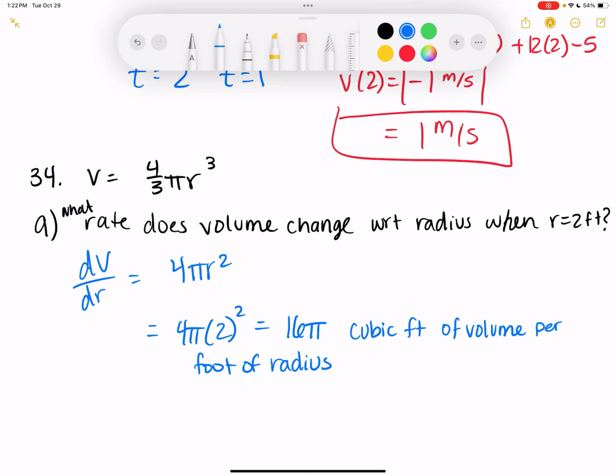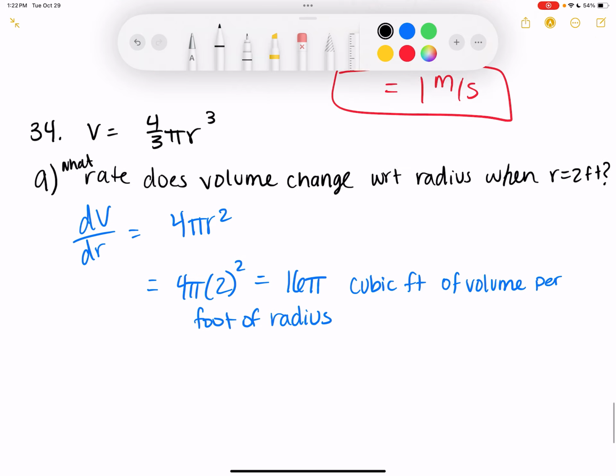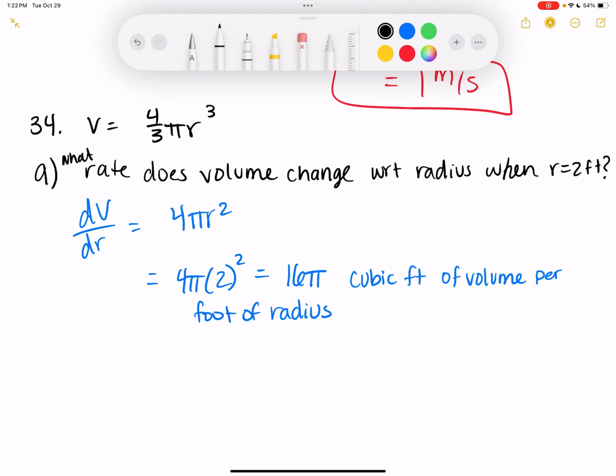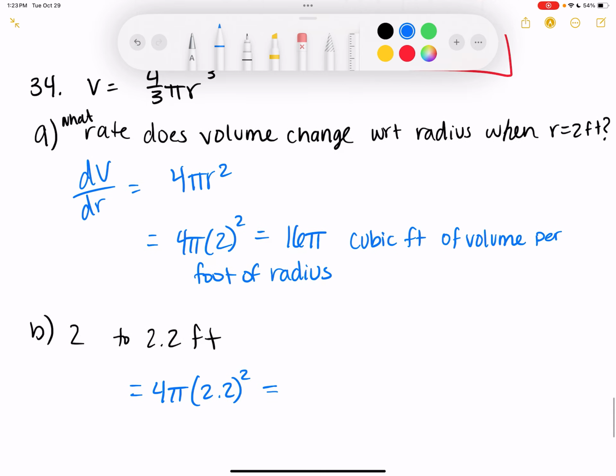All right, so part B wants to know by approximately how much the volume increases when the radius changes from 2 to 2.2 feet. So I use the same equation, but I plug in 2.2 instead. So this would be 4 pi times 2.2 squared, which is 60.8.